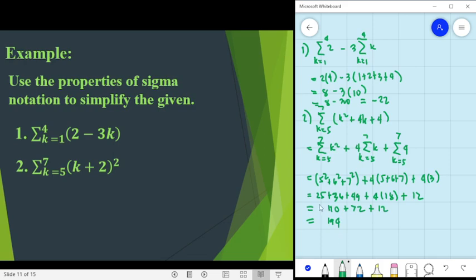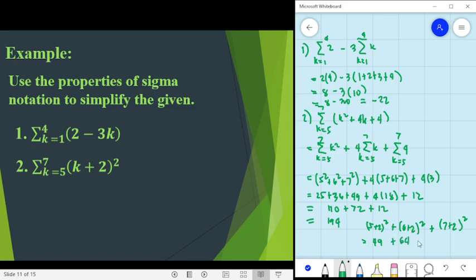Okay? Or, if you don't use the properties, you can just substitute 5. So, 5 plus 2 squared. Then we have 6 plus 2 squared. Then we have 7 plus 2 squared. So, that is 49 plus 64.